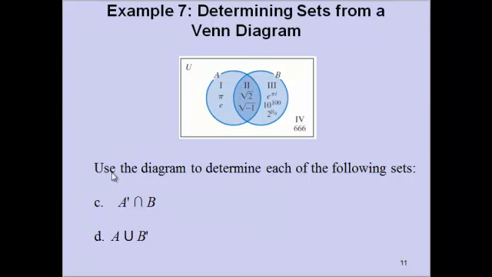Okay, so let's go ahead and look at C and D, right? And do these 2 examples right here. And so you have A complement is everything outside of A. So A complement is going to be all of these, right? So there's my A complement, everything outside of A, intersected with just B, okay? So just B is these guys right here, okay?